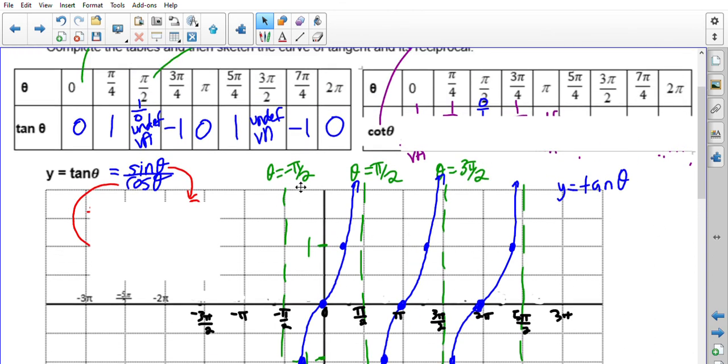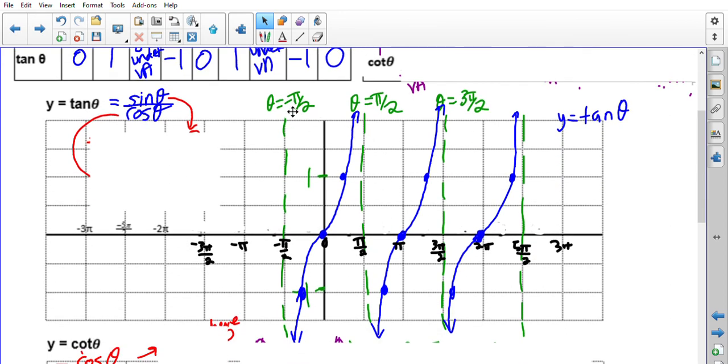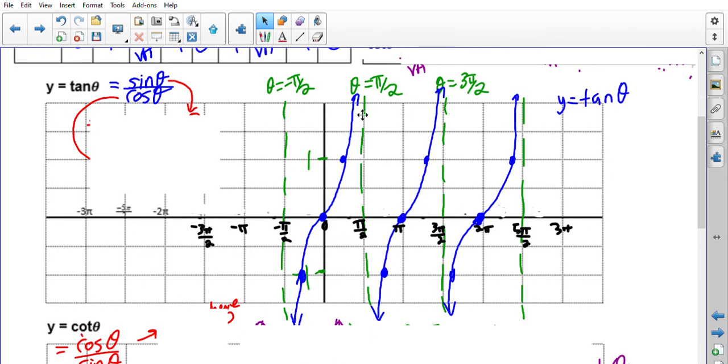So make sure that you have in clearly the equations of your vertical asymptotes. Okay, so they occur at negative pi over 2, pi over 2, and 3 pi over 2. And then those S shapes should be occurring. And notice that they should go through at 0, pi, and 2 pi. Okay, so obviously for this one, we would have to test more values to see how this shape was happening.